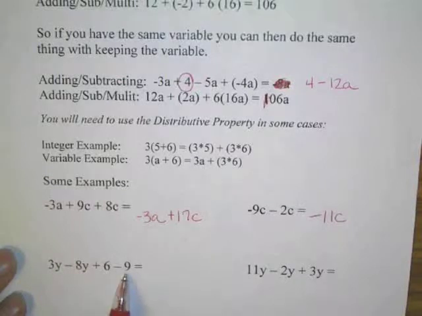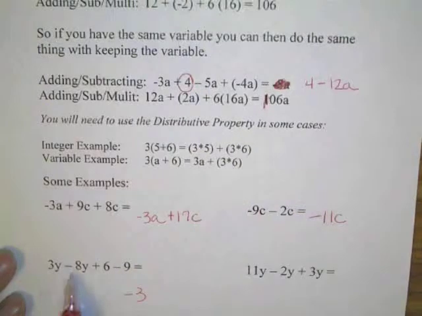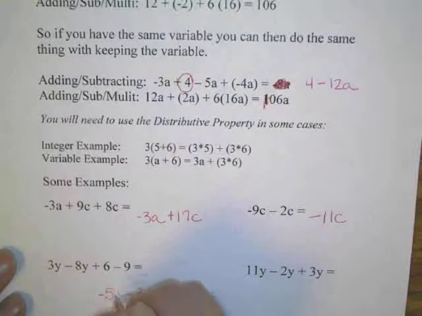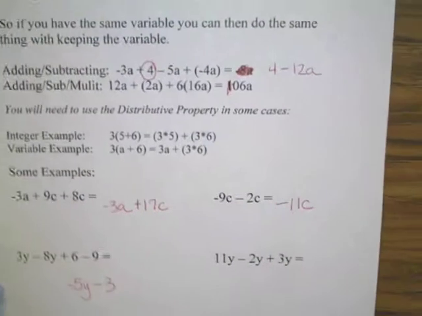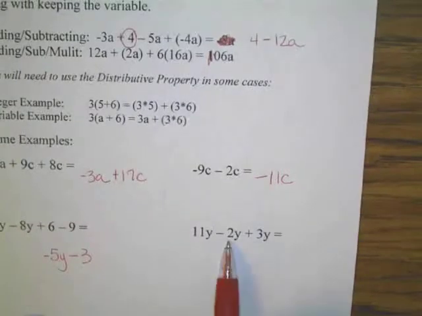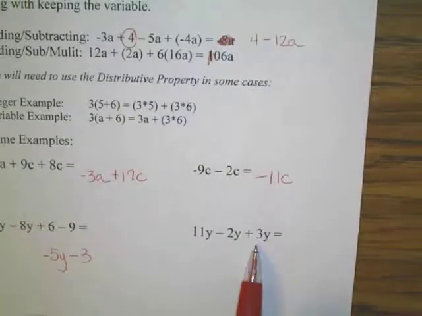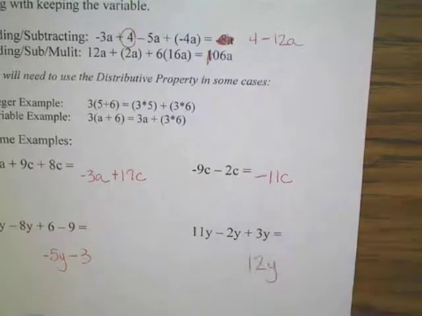So 6 minus 9 is -3, and 3 minus 8 is -5. So it'd be -5y minus 3. This last one, 11y minus 2y plus 3y. So 11 minus 2 is 9 plus 3 is 12y.